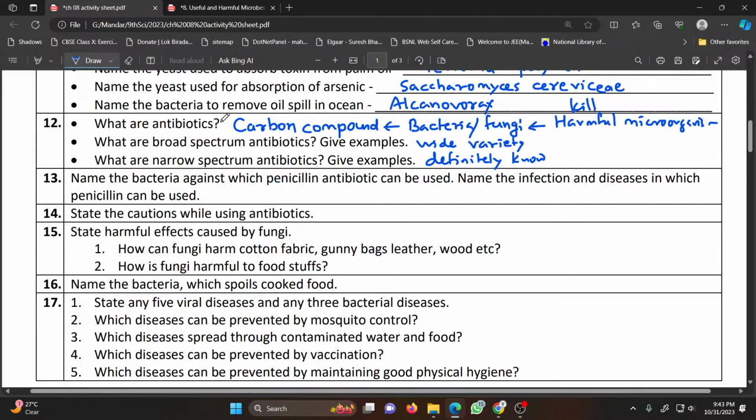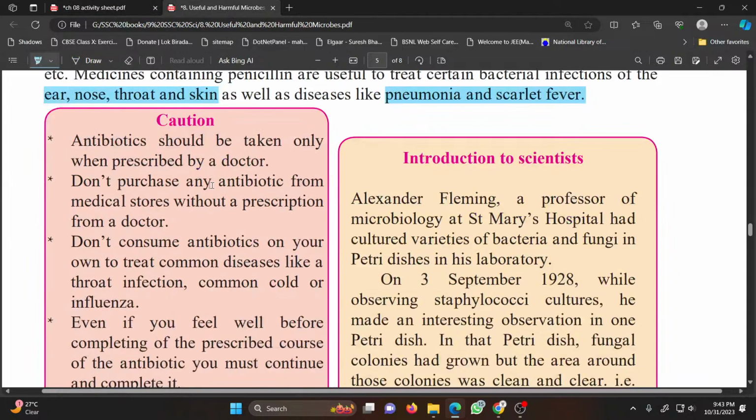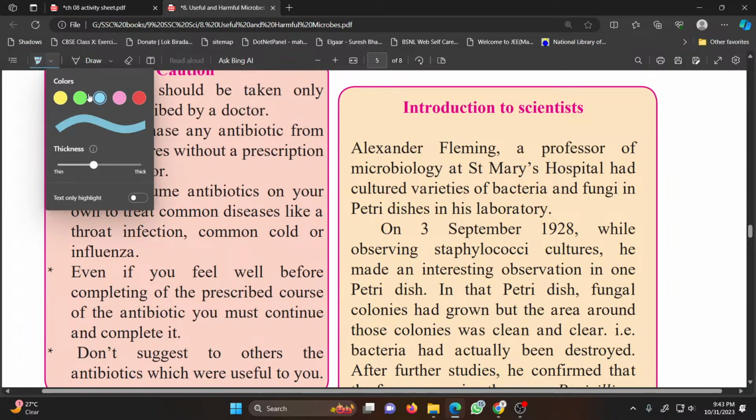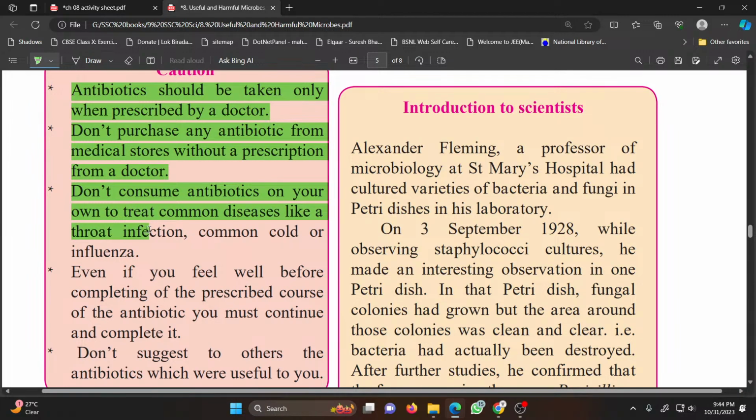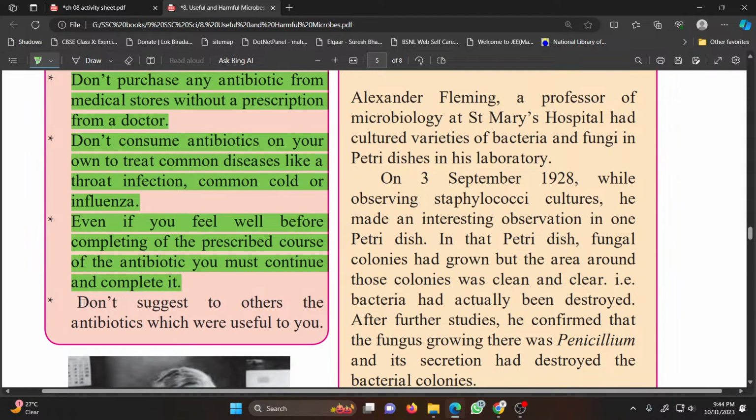State the cautions while using antibiotics. Antibiotics should be taken only after the prescription of a doctor. Don't purchase any antibiotic from the medical store without a prescription. Don't consume antibiotics on your own to treat common diseases like throat infection, common cold or influenza. Even if you feel well before completing the prescribed course, you must continue and complete the course.